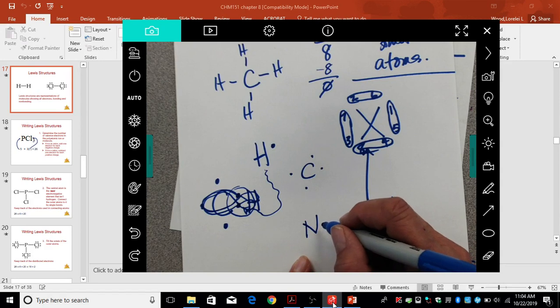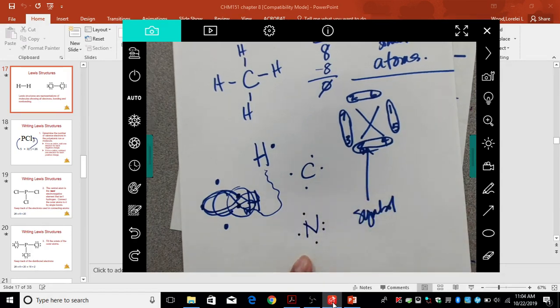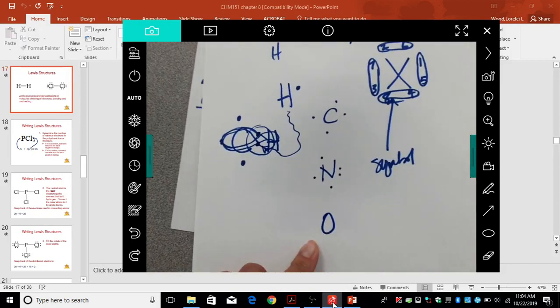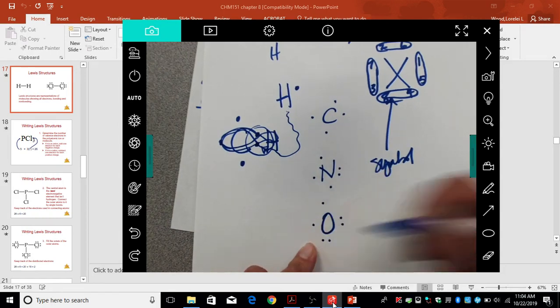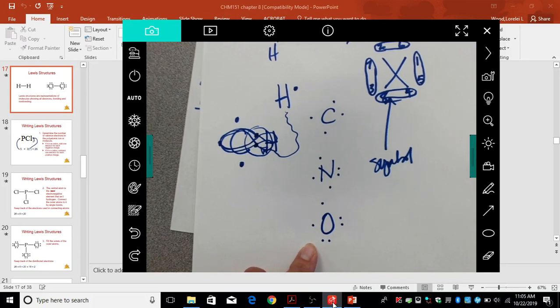Nope. 5. 1, 2, 3, 4, 5. How many opportunities to bond does nitrogen have? 3. Oxygen, how many valence electrons does oxygen have? 1, 2, 3, 4, 5, 6. How many opportunities to bond does oxygen have? Only 2. So just because you have more electrons doesn't mean you have more opportunities to bond.